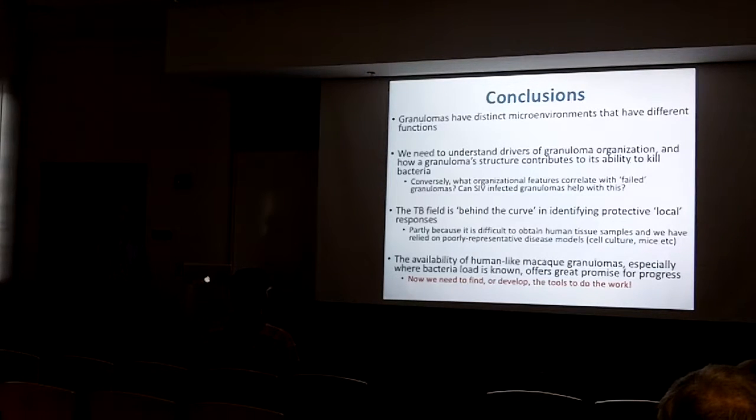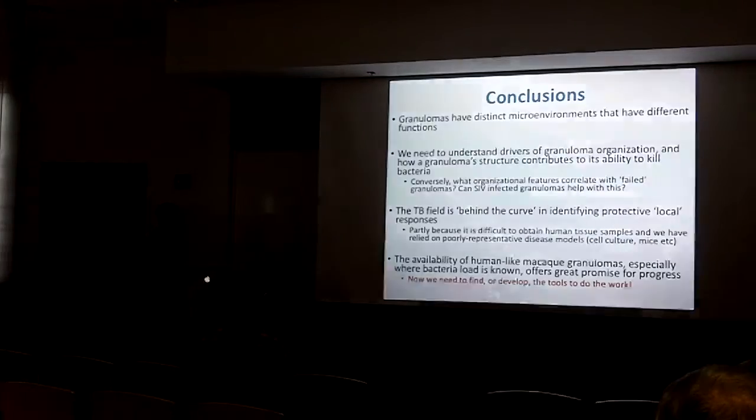And so trying to understand the whole complexity of the system and translating that back to humans has been difficult. But macaques offer a really valuable tool for that. And this is a system where the biology is very human, where we have human reagents at work. And honestly, I think what we need now is we just need new tools and new ways to look at the problem to help resolve it.